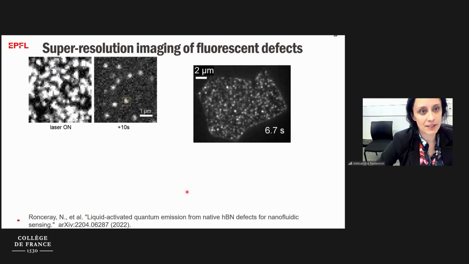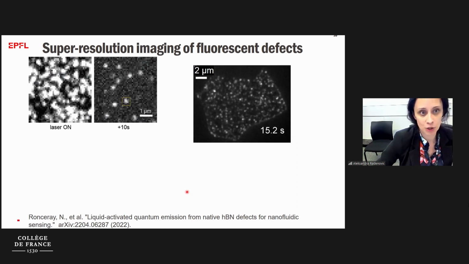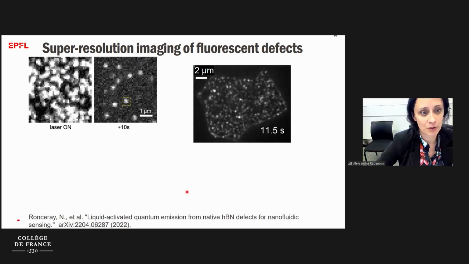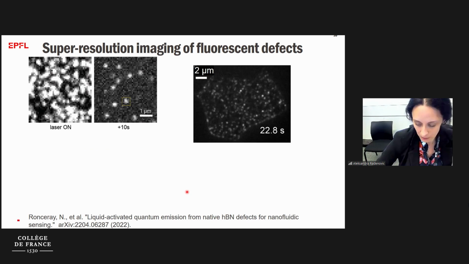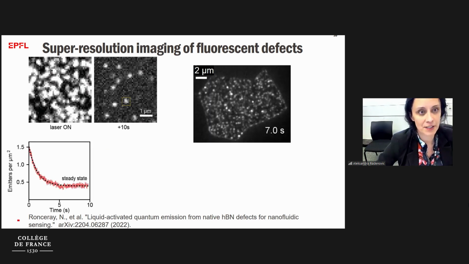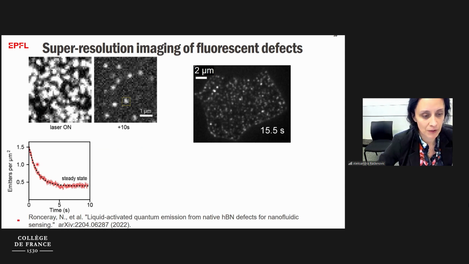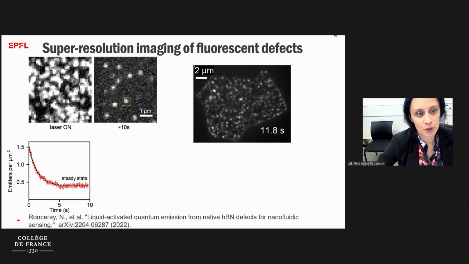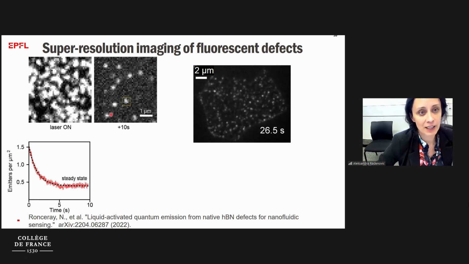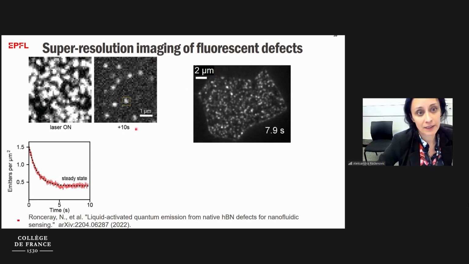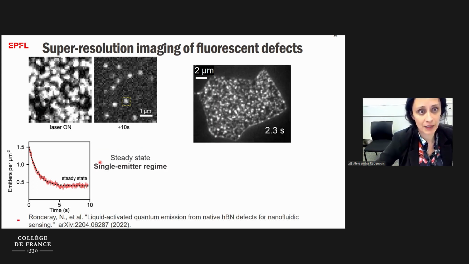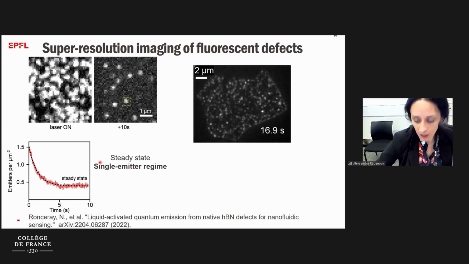So what we see when we image these fluorescent defects under the microscope, after exposing to the lasers and after some time, and depending on intensity of the laser this time of reaching the steady state can vary, we enter a steady state in which we have isolated emitters that are suitable for future analysis and use for single molecule localization analysis.